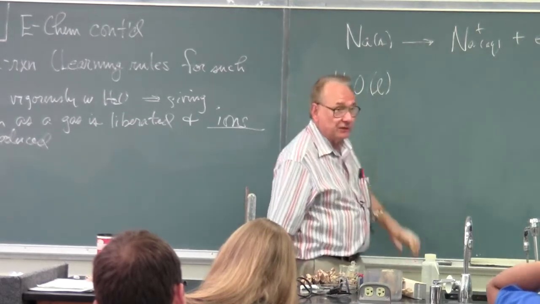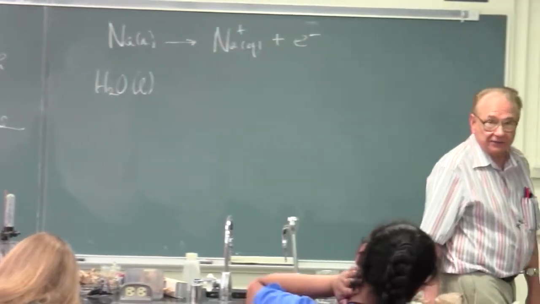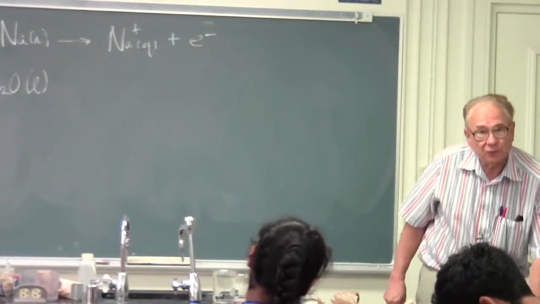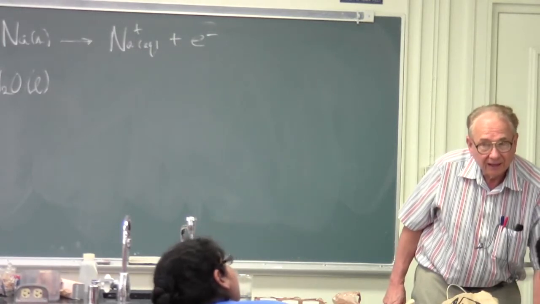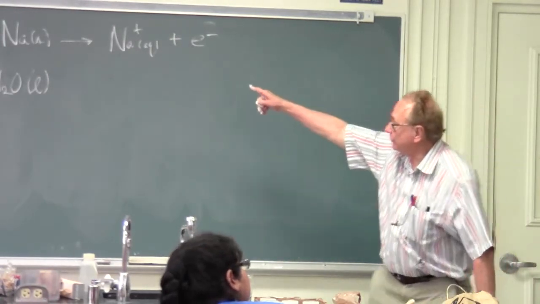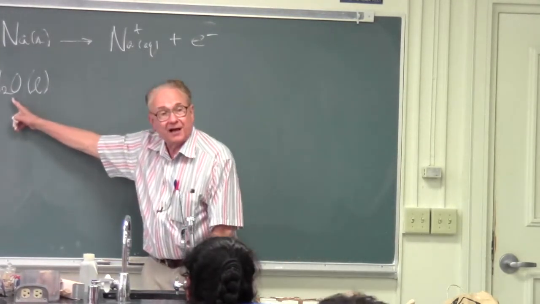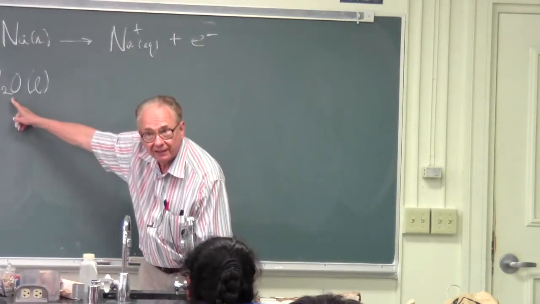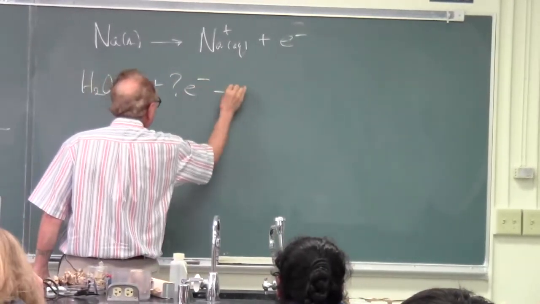So in what capacity must water behave? Got to be an oxidizer, because in this system, is water going to get oxidized or reduced? Sodium, the reducer, got oxidized to sodium ion. So water, the oxidizer, is going to get reduced. So this has got to collect electrons.